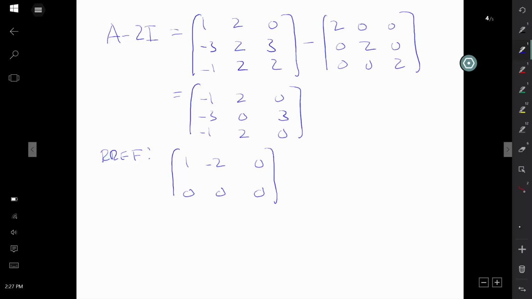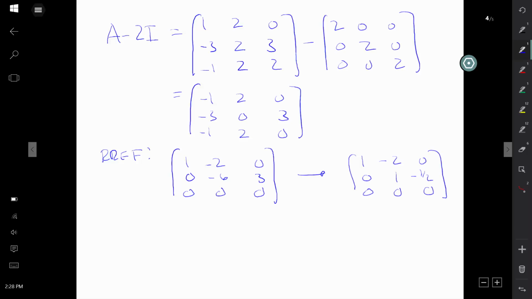I'm going to get 0, minus 6, 3. So I'm going to get 1, minus 2, 0, 0, 1, minus a half, 0, 0, 0.